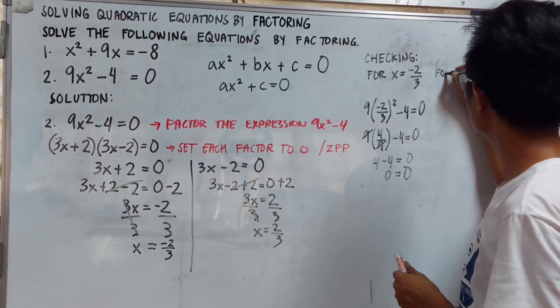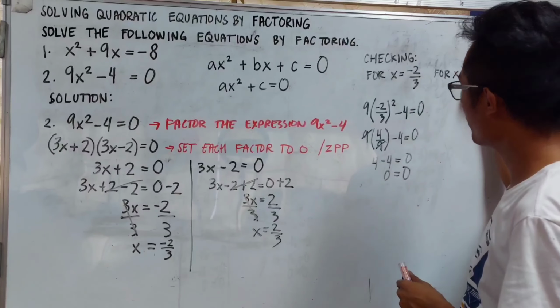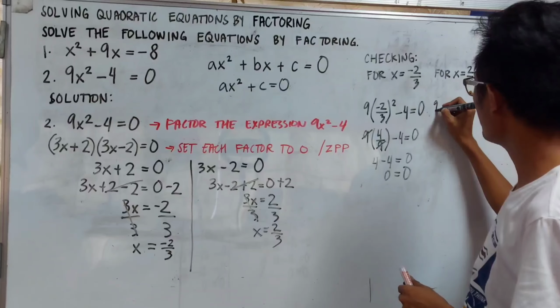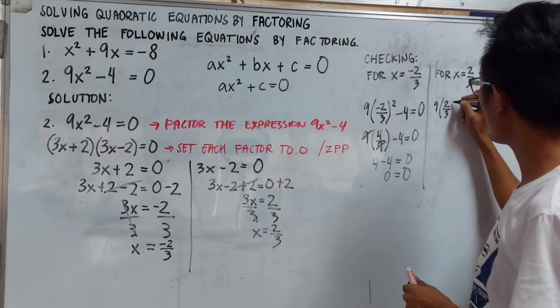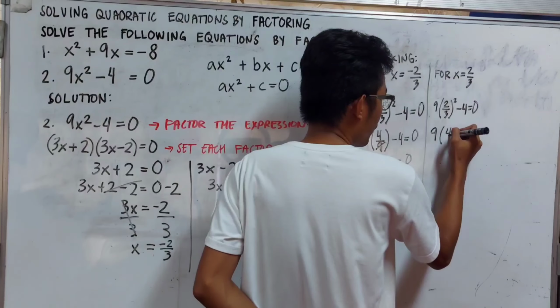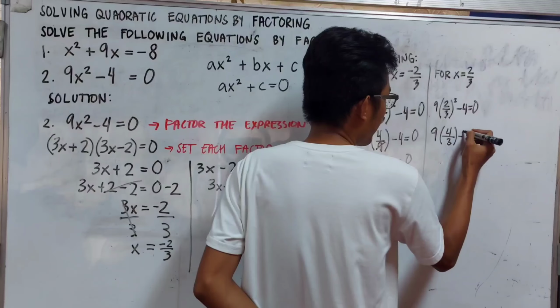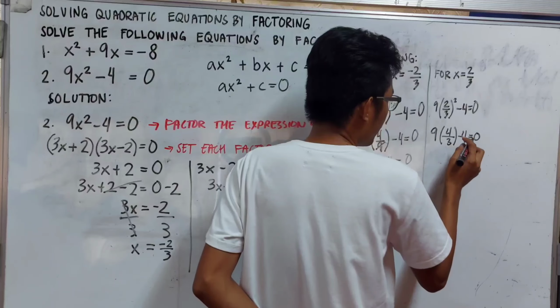For x equals 2 over 3. So, 9 times 2 over 3 raised to 2 minus 4 equals 0. Then we have 9 times 4 over 9, sorry.